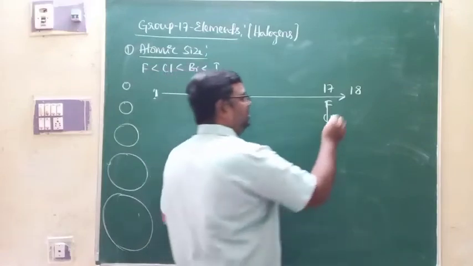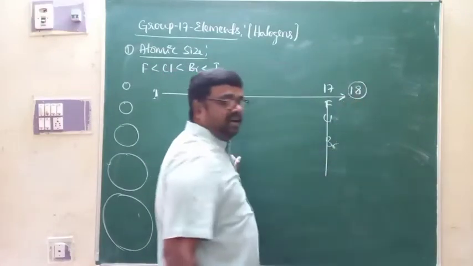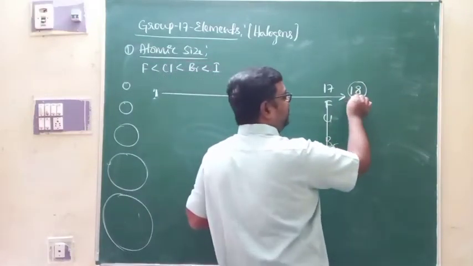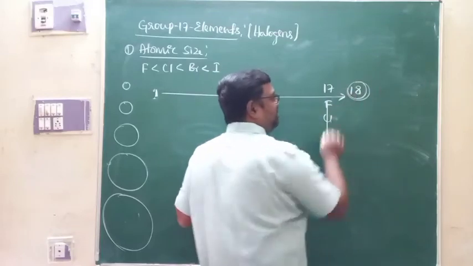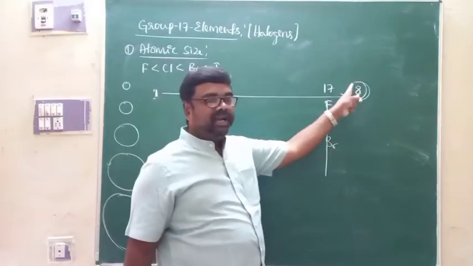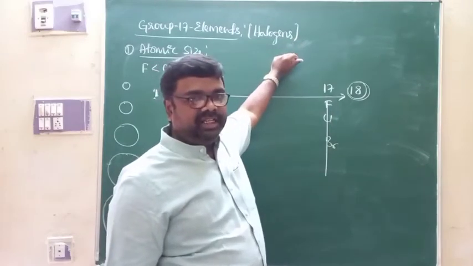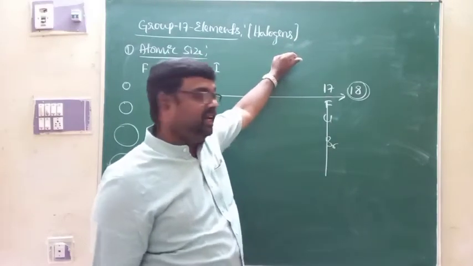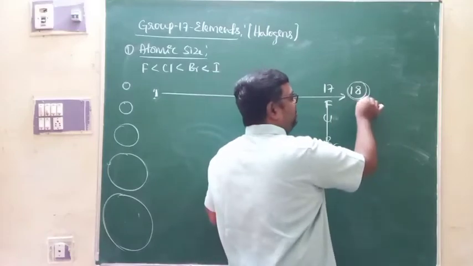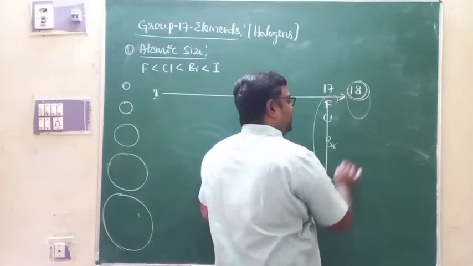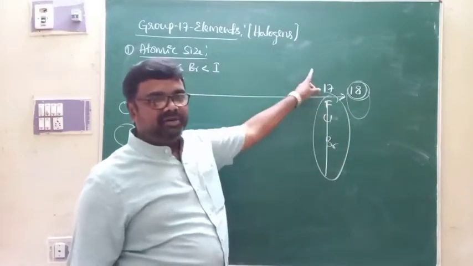Even though we have group 18 elements, in the case of group 18 elements, the noble gases, we don't have covalent radius. We express the atomic size in the form of van der Waals radius. So the van der Waals radius of group 18 elements will be greater than the corresponding elements of group 17.